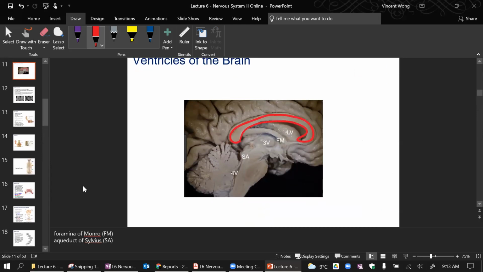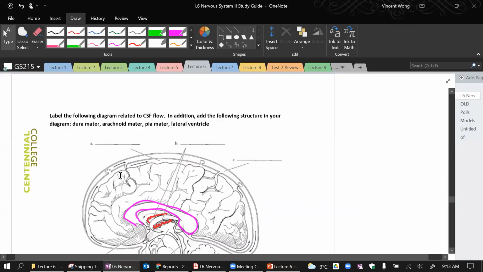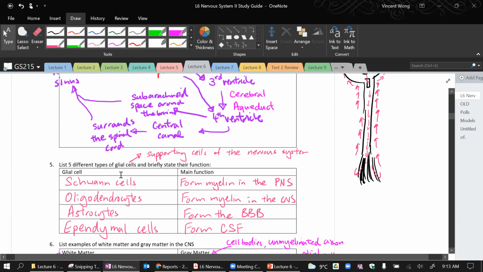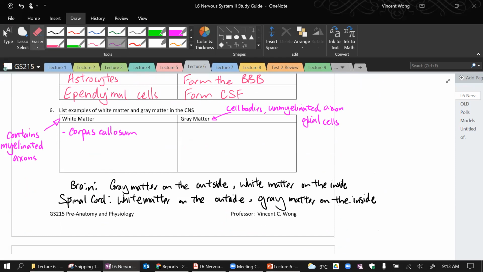What is that? Corpus callosum. And underneath, lateral ventricle. Why are we talking about this? Well, the corpus callosum is white matter. So generally speaking, white matter is for signal transmission. So the corpus callosum.